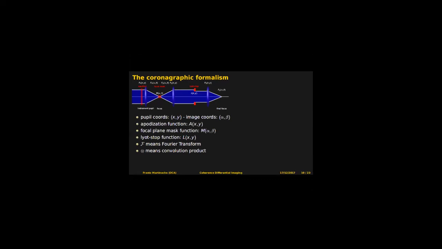And a couple of functions that are going to describe the apodization, the aperture profile I want to put in, something that describes the focal plane mask, something that describes this Lyot stop, and be okay with using the Fourier transform. If you use these equations, I'm not going to go through them. Here you have an algorithm that is going to produce images of the focal system of this chronograph.